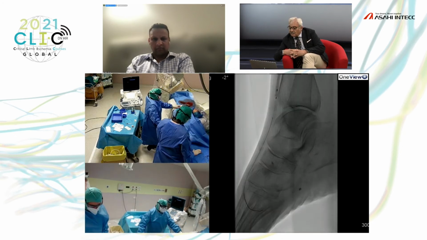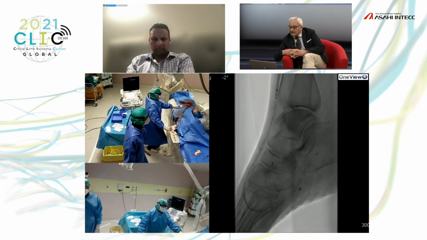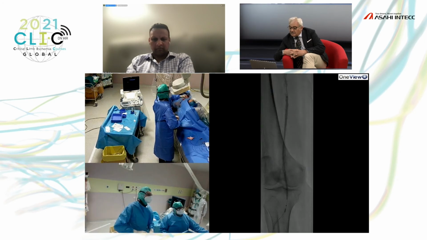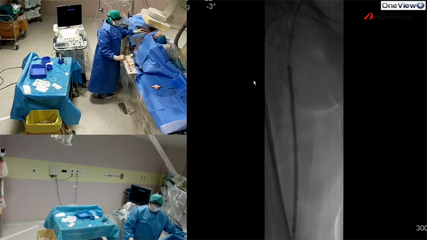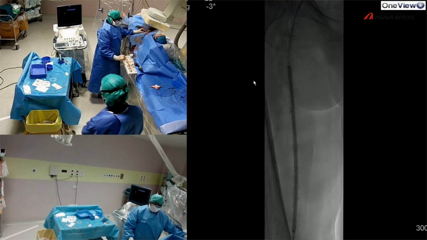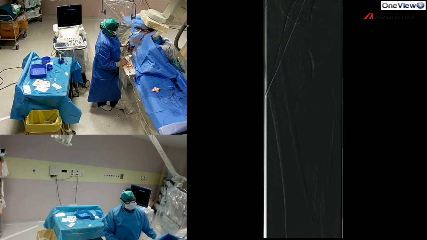This is a very long balloon, 300 in length, 3 millimeters, and the treatment of the popliteal and SFA with the 5 balloon.